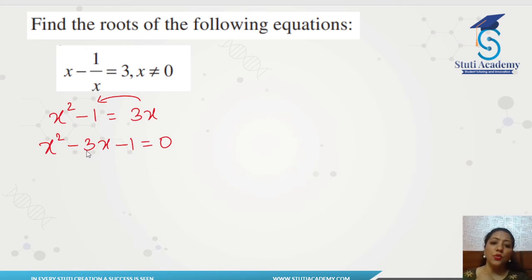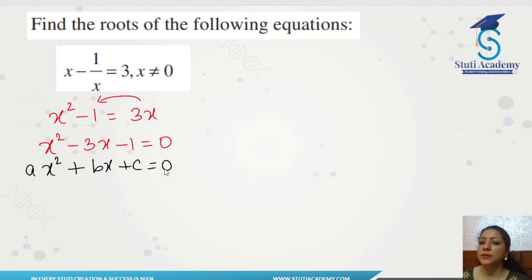So we are going to use the quadratic formula here. For that, we need to first find the discriminant. So we'll solve the discriminant first. We are comparing this with ax square plus bx plus c is equal to 0. So here a is 1, b is minus 3, and c is minus 1. Now we are going to solve here the discriminant.